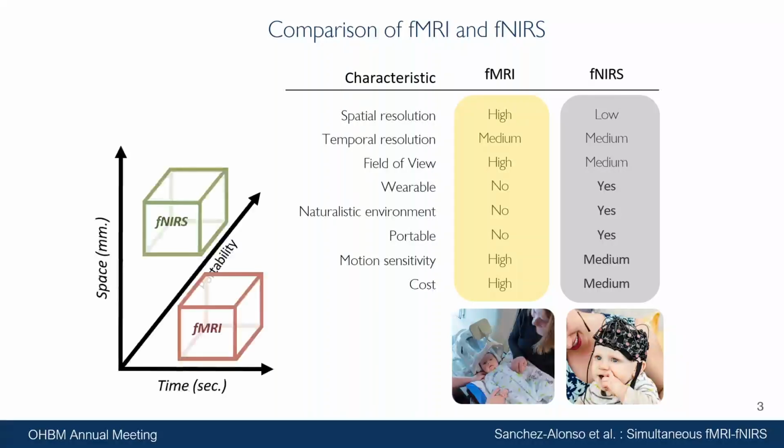In addition to allowing us to test in naturalistic environments, it's wearable. It's just a cap that the child wears. It's portable, so it can be moved to different places. It's much more robust to motion than fMRI, and it is much less costly as well. Those are key properties that make it very attractive for developmental work, especially the first 5 years of life.